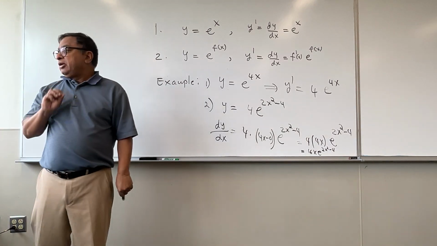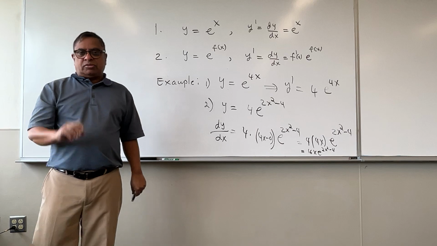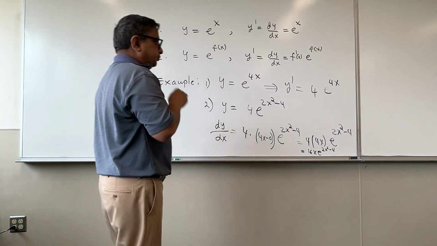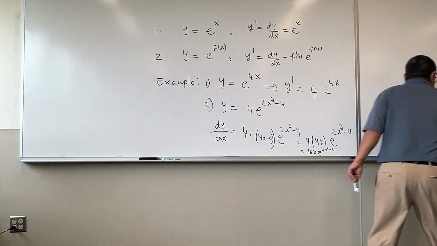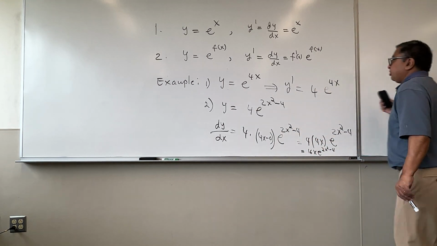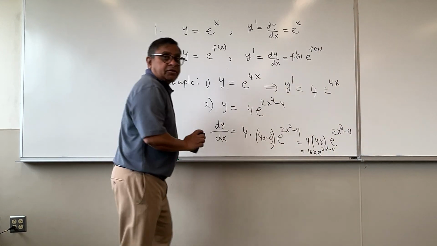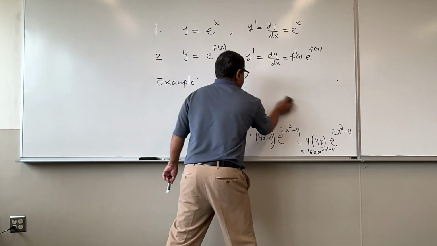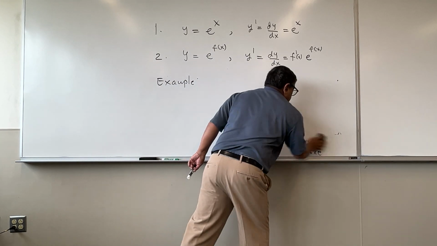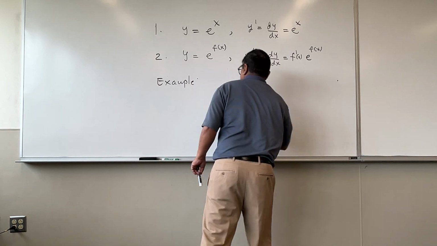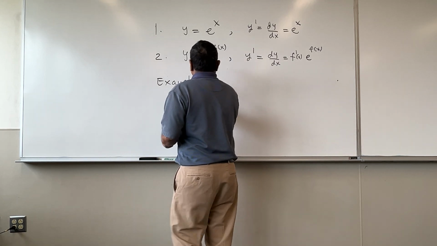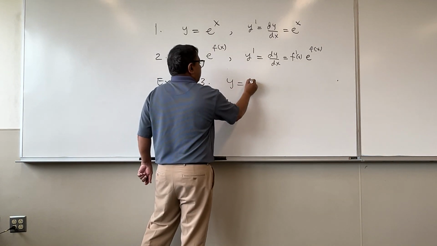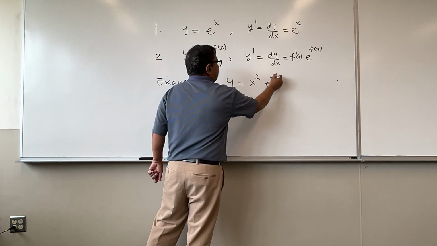Okay? Let's do a couple of more. Example number 3, I have y equals x squared times e to the power of minus 2x.